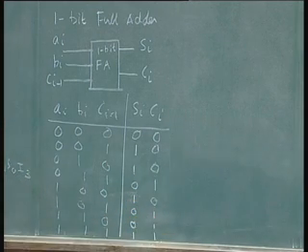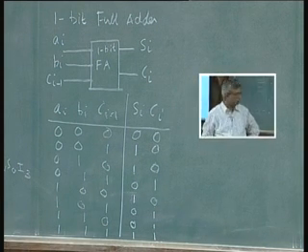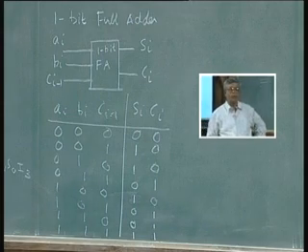This is a well known truth table. You might have seen it in umpteen number of books, or studied it in your earlier course, and you also know how to implement it using gates.